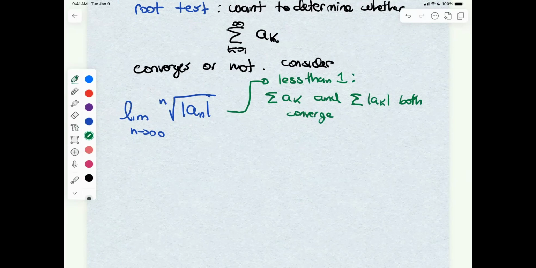If the limit is more than one, then both diverge.